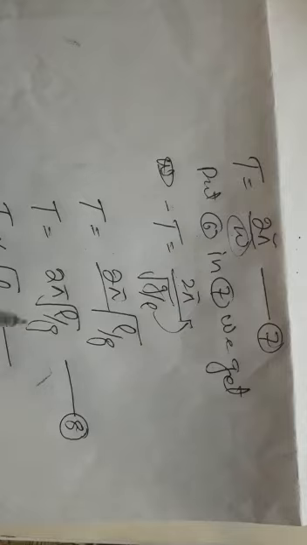If we increase or decrease the length, then the time period of the pendulum will change. So that is our topic today. From this topic we know that the motion of simple pendulum is simple harmonic motion, and we also proved that the time period of a simple pendulum depends only upon its length. Thank you.